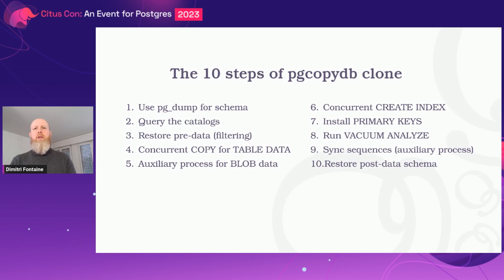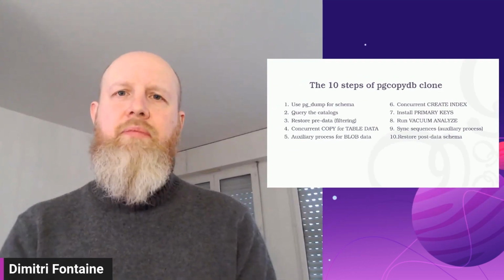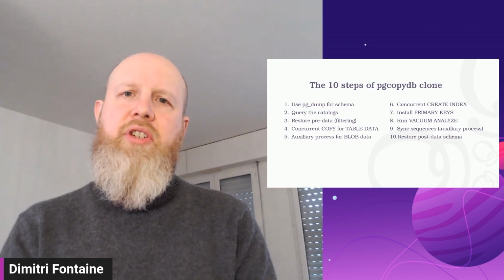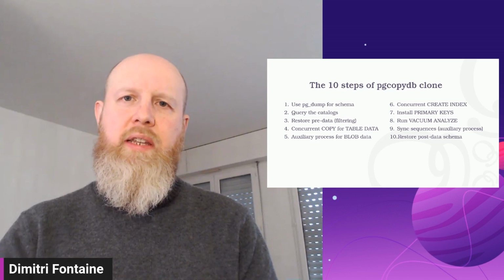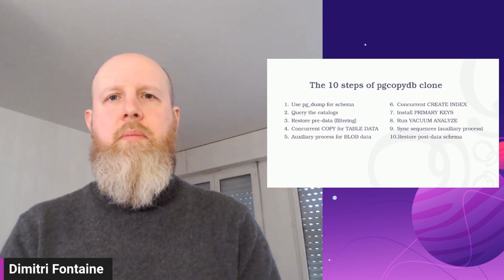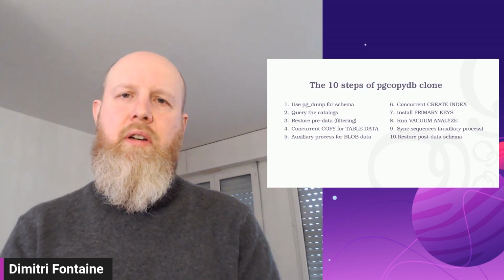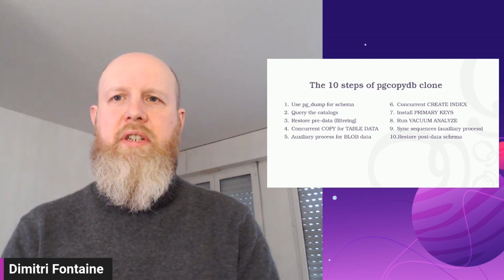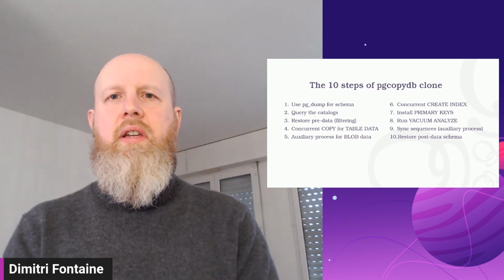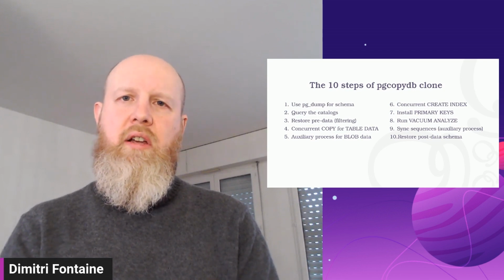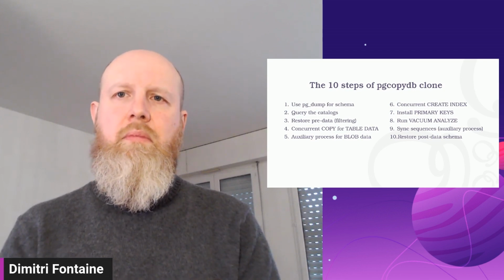So first, we're going to dump the schema with the pre-data and the post-data sections of them. And then pgcopydb queries the catalogs to get the list of the tables and indexes and schemas and so on that you want to move over to the target system, because pgcopydb implements its own easy-to-use filtering abilities.